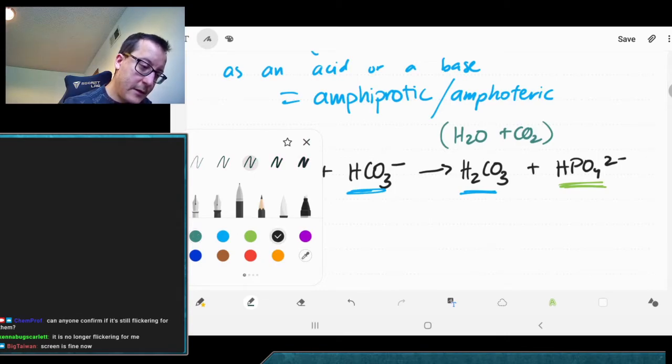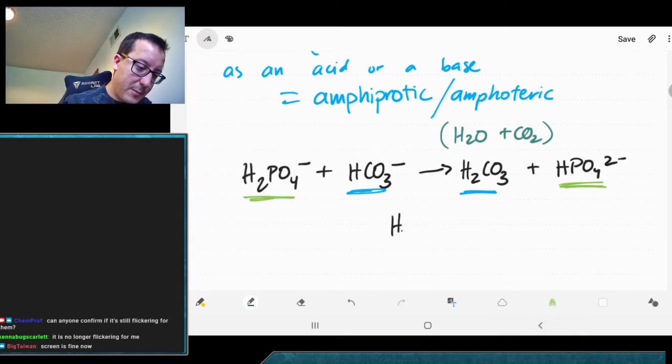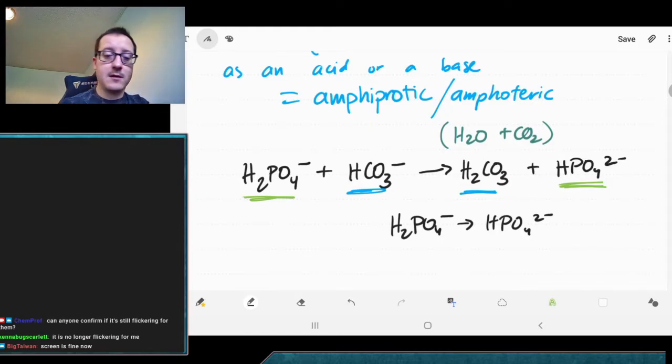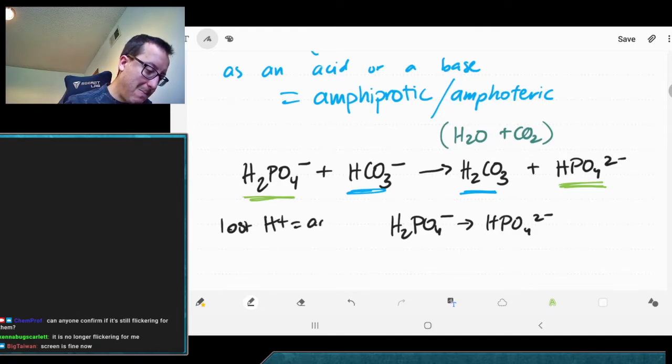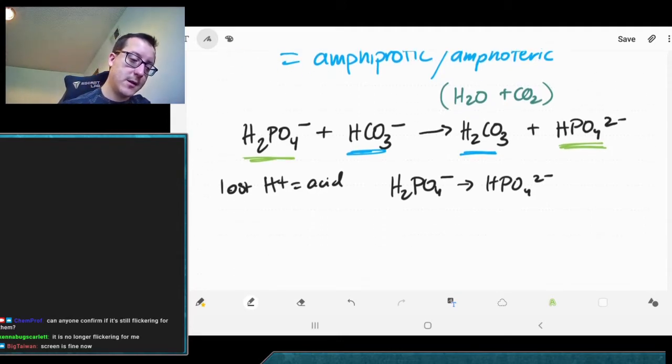So, if we look at the first pair that we have, we see it has lost H+. If it loses it, that means it's the acid. Or here, let me write that on that side. So our dihydrogen phosphate there is our acid in this reaction.